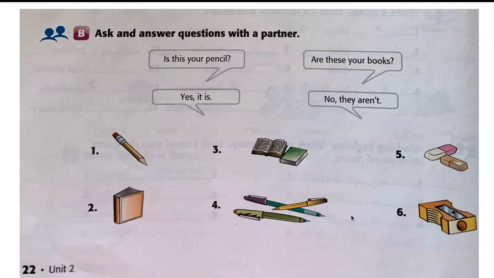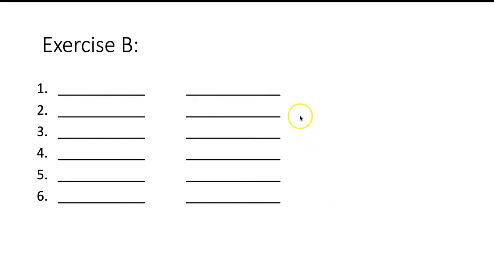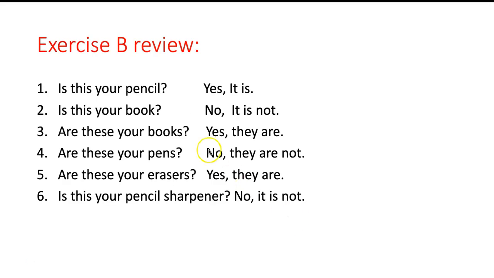Okay, so now you have here the 6 examples, sorry. Now we are going to review them. Okay, so look at this. Number 1, is this your pencil? Yes, it is. Or maybe you said no, it is not. It's okay. Don't worry about the answers if you wrote positive or negative. Both are okay. Here, is this your book?